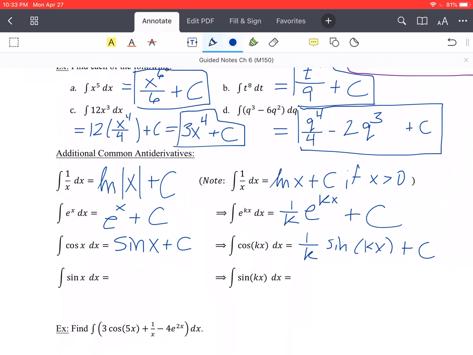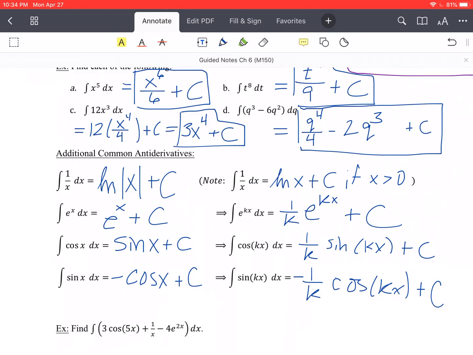So the antiderivative of positive sine would actually have to be negative cosine of x plus c, because the derivative of negative cosine is negative sine, so that becomes positive sine, which is what we're looking for. Similarly, if you have that constant on the input, you can get rid of it by dividing by k. Don't forget this is still negative: negative 1 over k cosine of kx plus c.